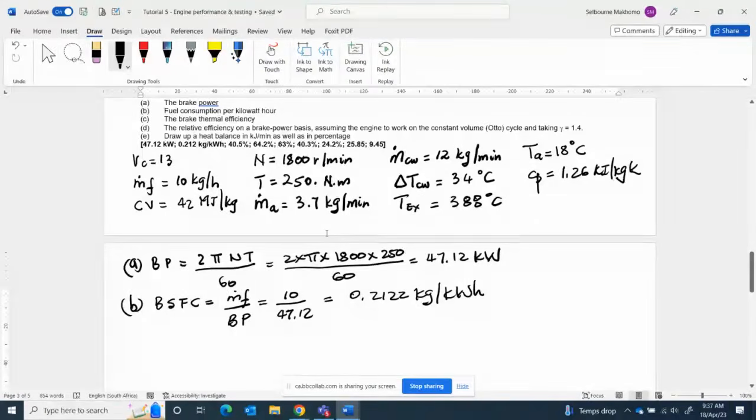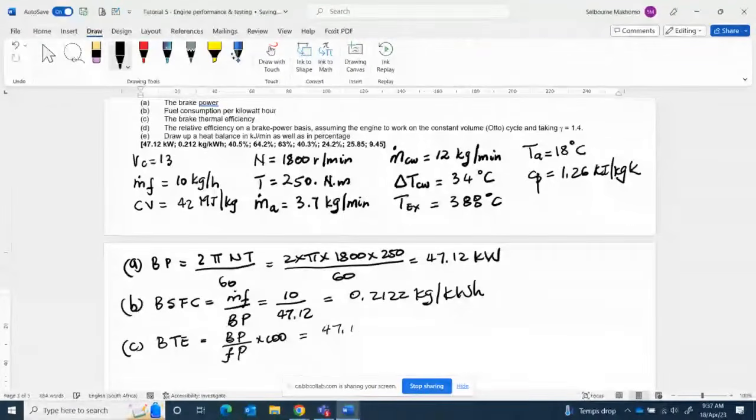Number 3, the brake thermal efficiency. C, the brake thermal efficiency, BTE, is equal to brake power divided by fuel power, multiplied by 100, which is 47.12 multiplied by 3600. 3600, remember we are converting what?